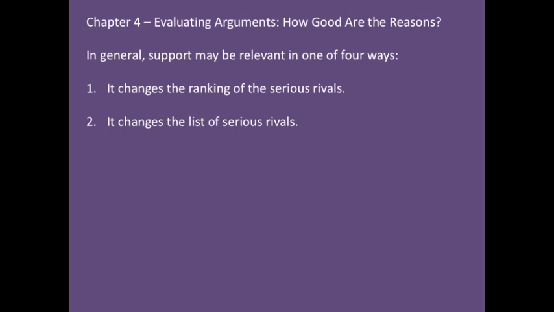And we saw that S1 represented a kind of limit case, where this piece of information sets up the whole list of rivals. A piece of support can change the gaps in the ranking of the serious rivals. So it doesn't necessarily change the order, but makes a particular rival seem even less likely than it already did.